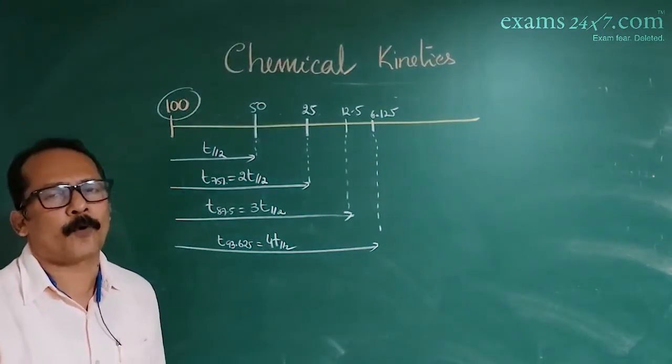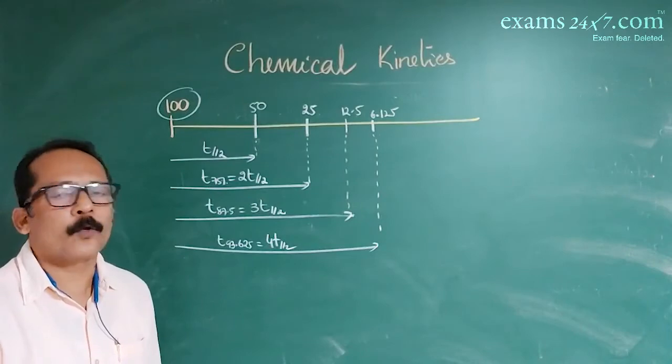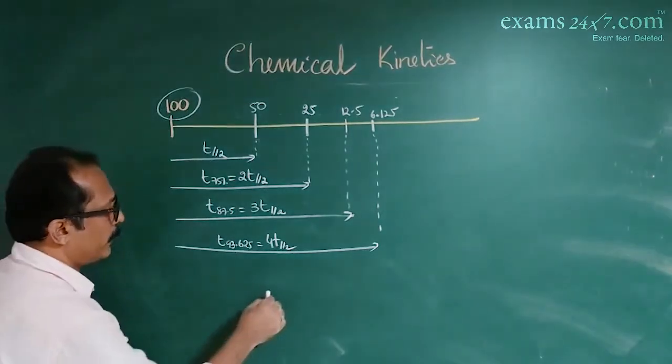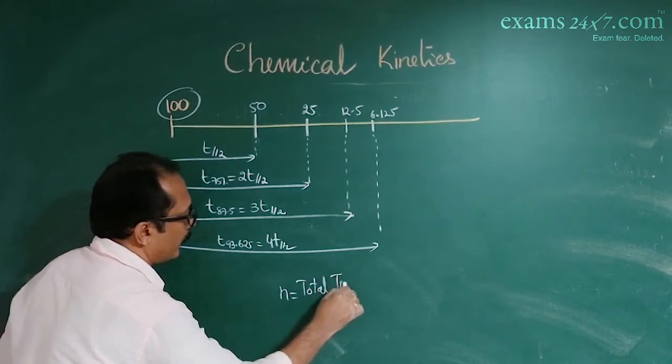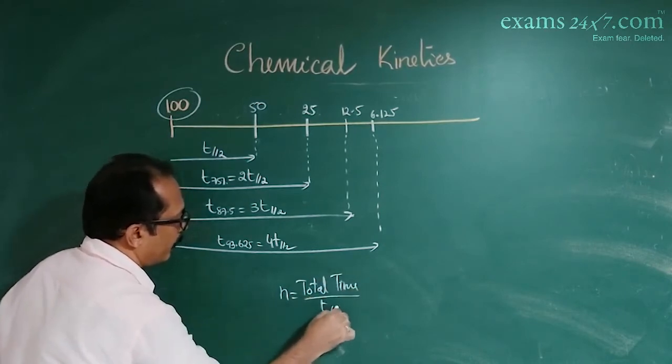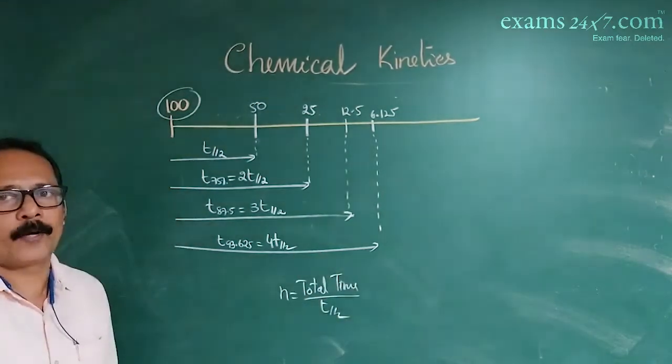Or there is one more formula where you have to calculate the n value first. N value is total time divided by half-life. That gives the n value.